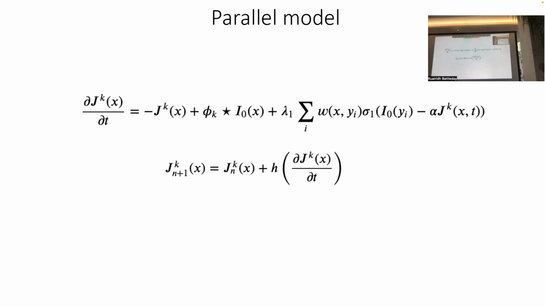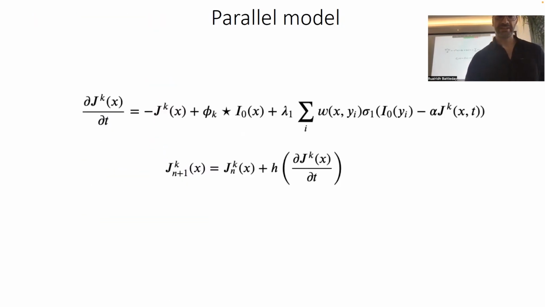I0 is the image, either the raw image or the image convolved with the difference of Gaussian, indicating that the input passed through LGN. And alpha is a factor of the backpropagation. We iterate this model until J converges to a value.